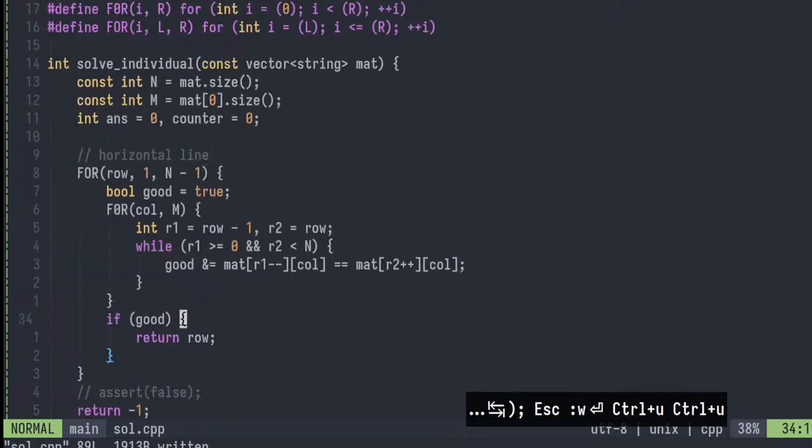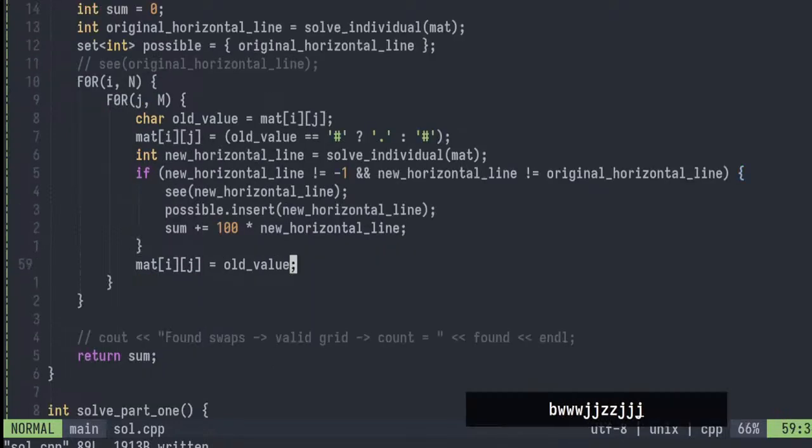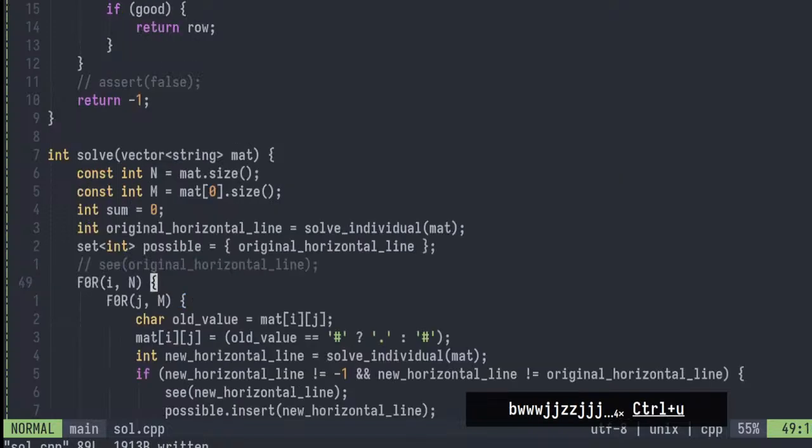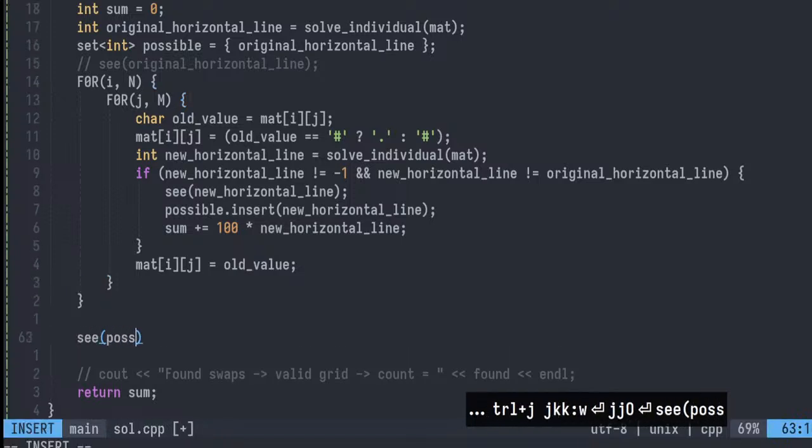And this one, only if it is not -1, and I mean it's fine if it's different, but yeah. And check for this grid. Possible values for this grid.